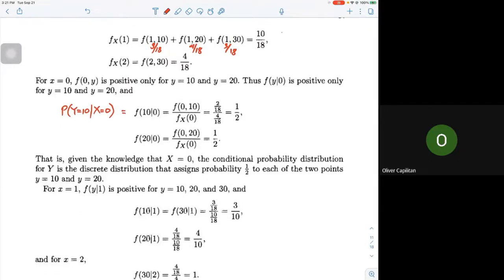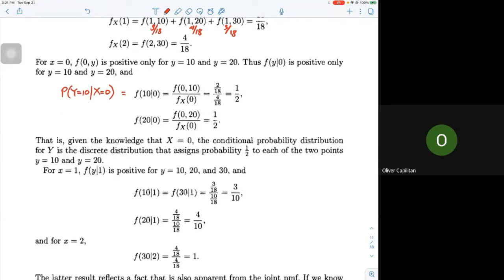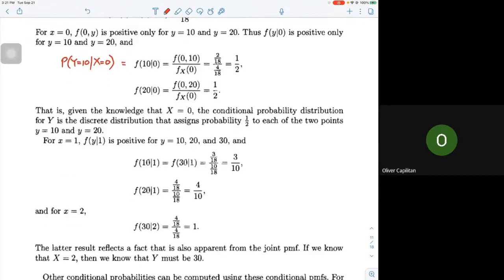For x is equal to 1, the conditional PMF of y given that x is equal to 1 is positive for these values of y: 10, 20, and 30. To compute the conditional PMF of y is equal to 10 given that x is equal to 1, which is also equal to the conditional PMF of y is equal to 30 given that x is equal to 1, we substitute the values.